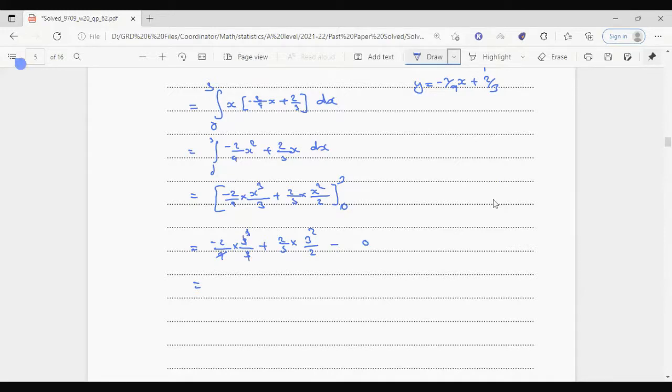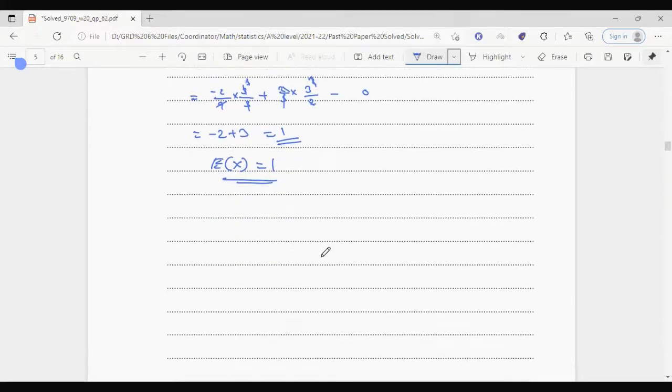This 3 also gets cancelled. Here you have 3 remaining, 2 can be cancelled. So what you have is minus 2 plus 3, which is equal to 1. So expectation of x equals 1.